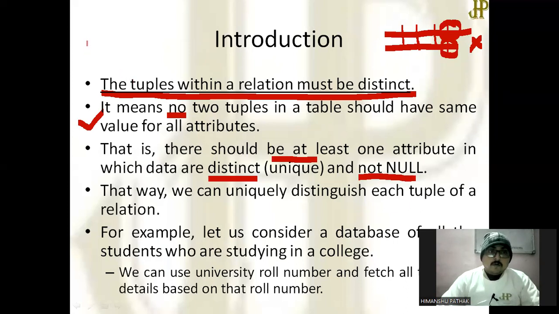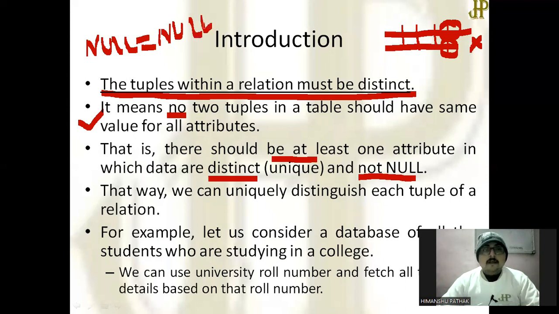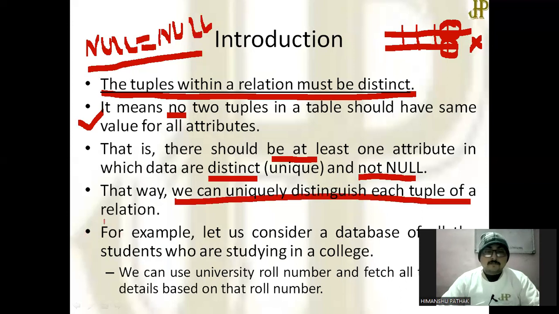That's why 2 null values cannot be compared. So you have to be very careful that data should be unique and cannot be null. If these 2 things are kept together, then we can uniquely distinguish each tuple of a relation.